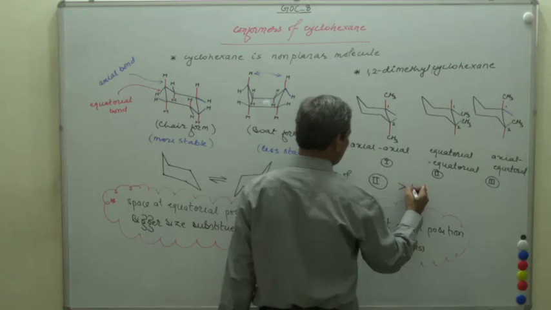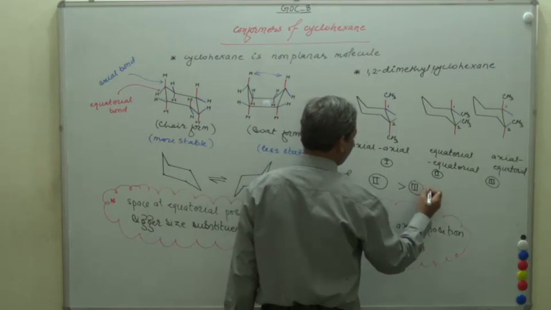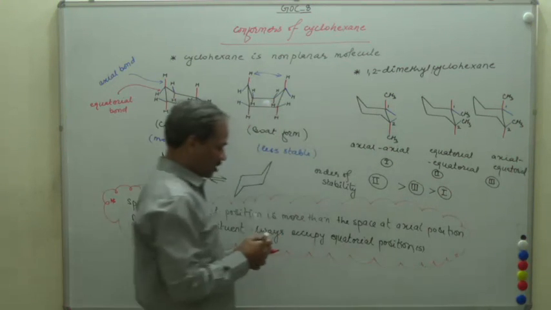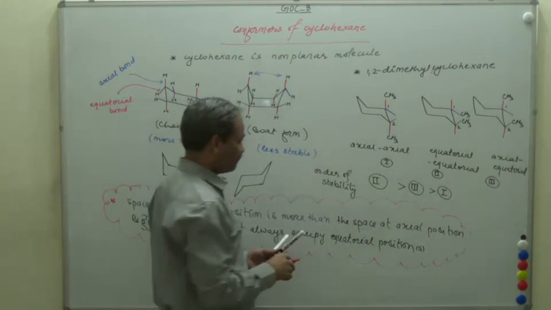Here one of them is on an equatorial position, while this is the least stable because both the bigger size substituents are on axial positions.